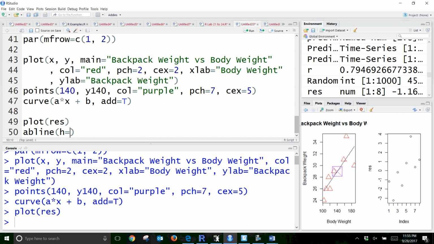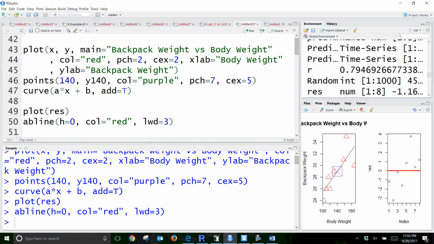And let's give it a little color. We'll do color equals red, and lwd, line width, equals 3. Okay, so you can tell here, you've got a few points below, a few points above. We already saw it was 4 below, 4 above, but there doesn't seem to be any necessary pattern to it. So it's looking pretty good.